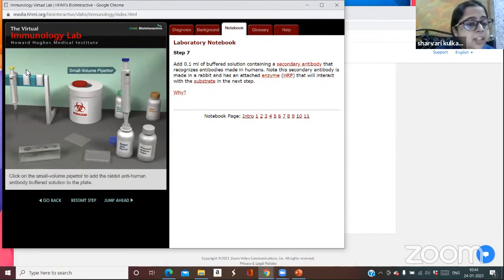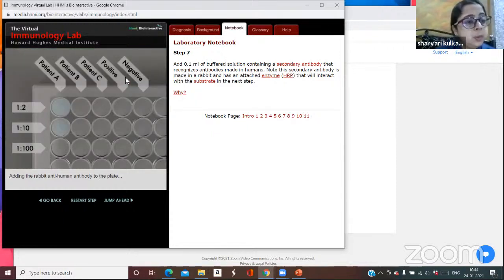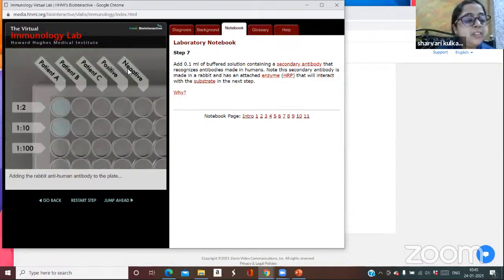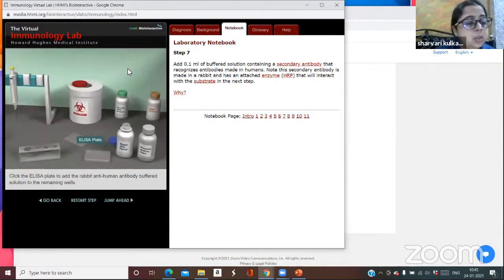That means antibody of human is injected into rabbit so that it forms anti-human antibody. So here antigen is like your human antibody. So in every well, anti-human antibody is added.